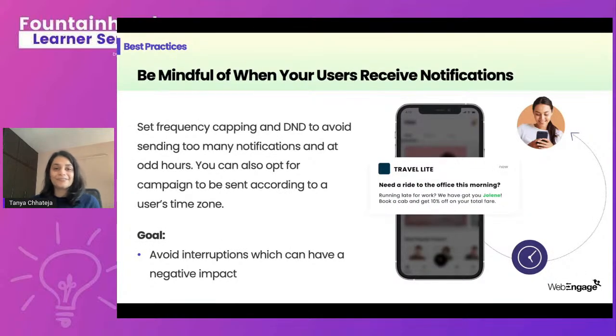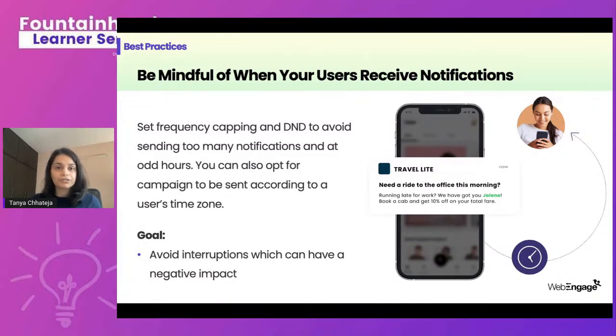Another best practice that you definitely need to follow is you need to remember when you're sending these communications to your users, because like we've already discussed, you do not want to interrupt your users, you do not want them to have a bad experience on your platform or when they receive a communication from your platform.